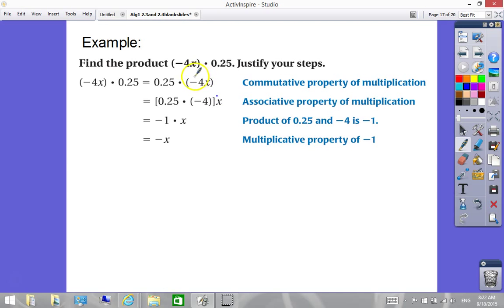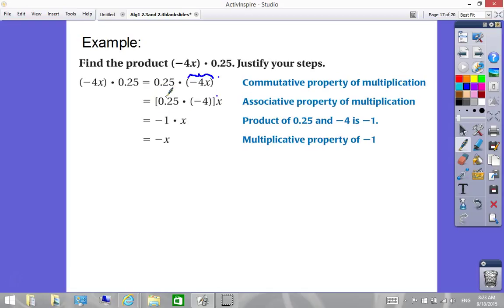Understand that this -4x, that's a multiplication, right? There's a -4 times x. So what did they do to get from first line to second line? They moved the parentheses over, but since the -4 is in parentheses itself, they use square brackets. Okay, and now 0.25 times -4 is -1.